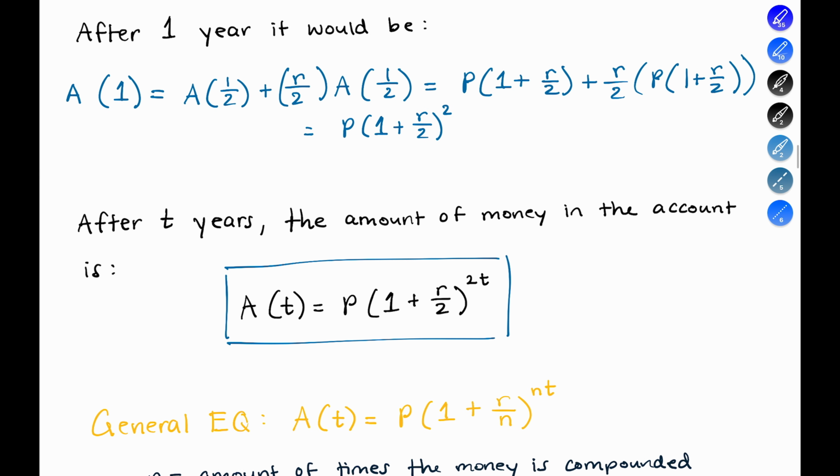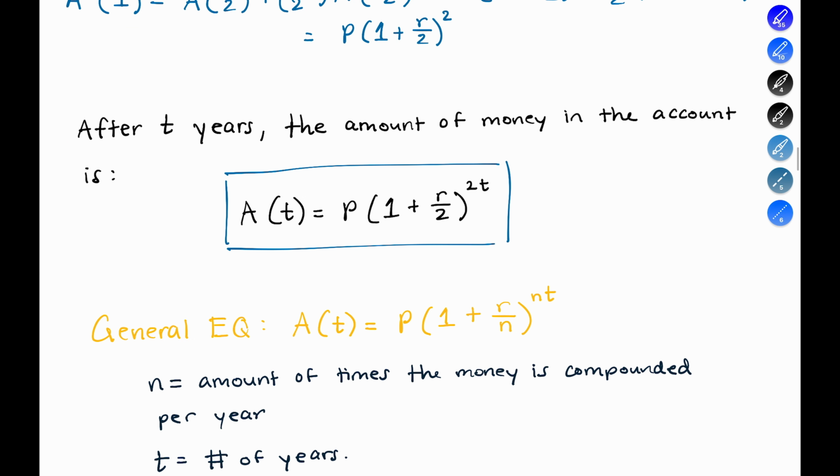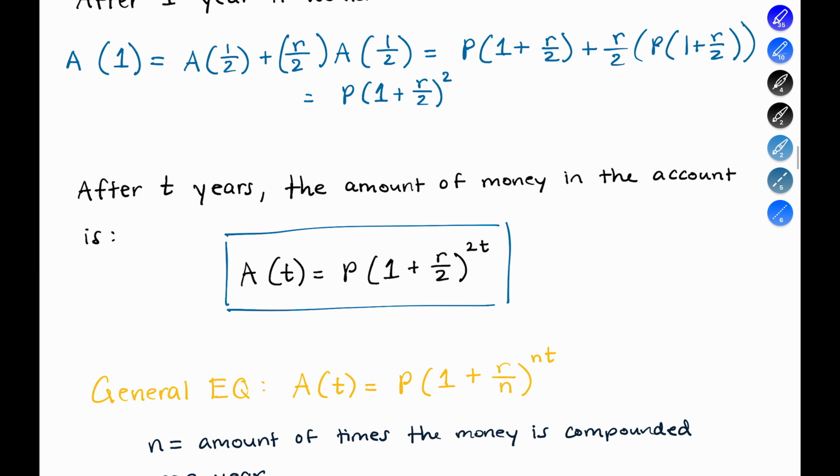So now after t years, the amount of money in the account is A of t, which is equal to P times 1 plus r divided by 2, to the power of 2t. Because it's compounded 2 times a year, that is why there is r divided by 2 and 2t.